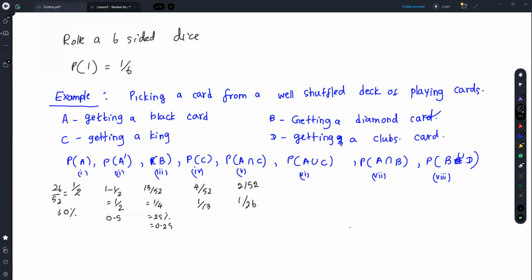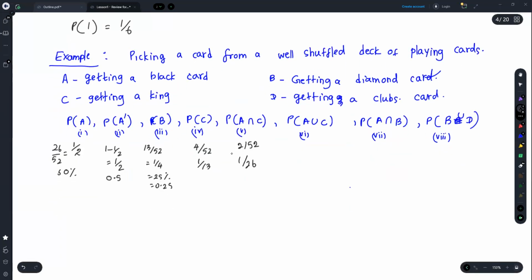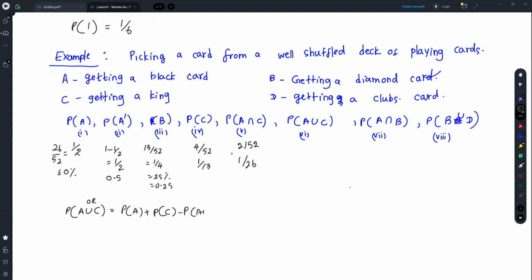Then you have A union C. What is that? A black card or a king card, right? So this is the addition rule. You can find P(A) plus P(C) minus their intersection. P(A) is 26 over 52. P(C) is 4 over 52, and their intersection you found is 2 over 52.